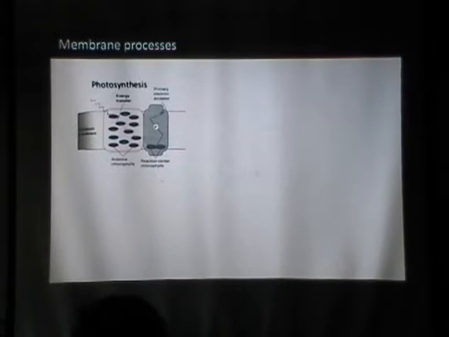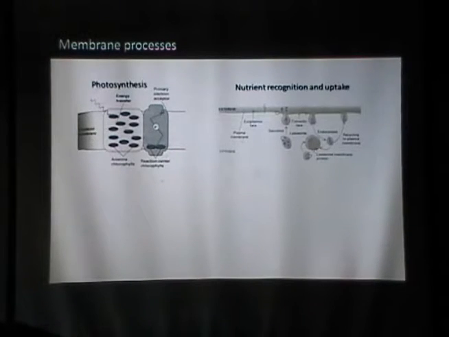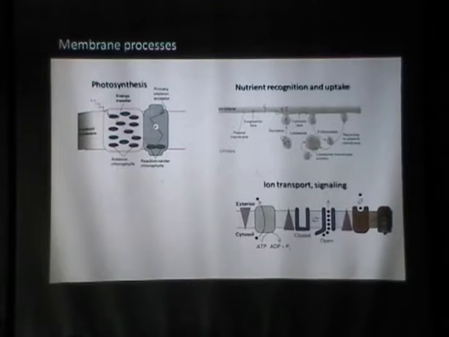So why do we want to do that? Well, phospholipid membranes are the membranes of living cells, of all living cells. And it's a very complex system that contains a lot of proteins and receptors and biomolecules, and a big number of vital processes take place there, like photosynthesis, nutrient recognition and uptake, ion transport and signaling.